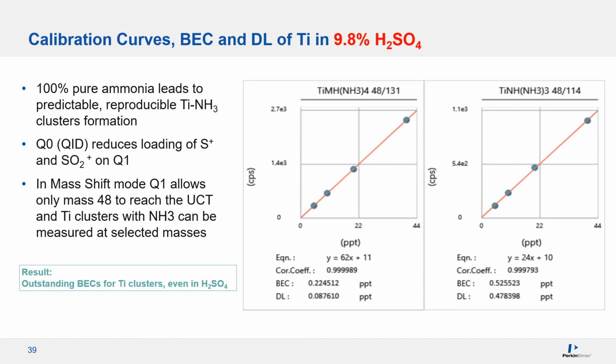In mass shift mode, Q1 allows only ions at mass 48 to reach the universal cell, and titanium clusters with ammonia can be measured at higher masses. As a result, titanium has outstanding BECs at masses 114 and 131 as shown here, with less than a part per trillion, even in this 9.8% sulfuric acid.